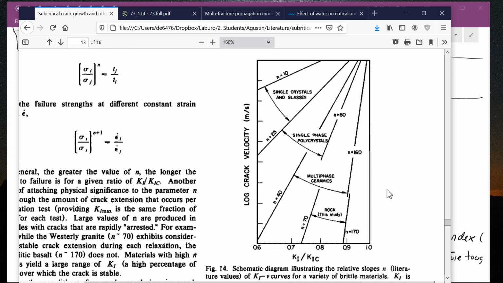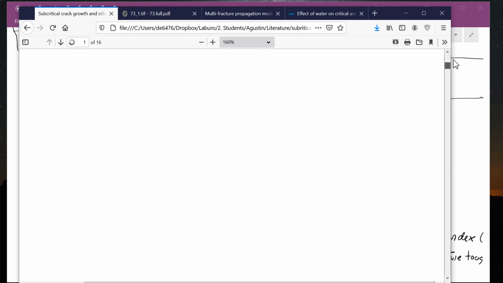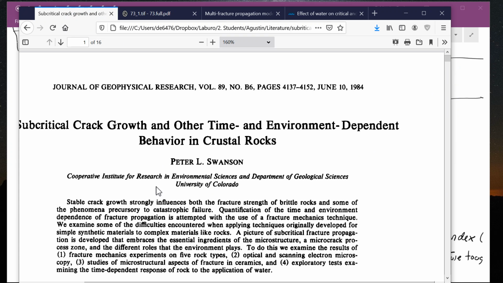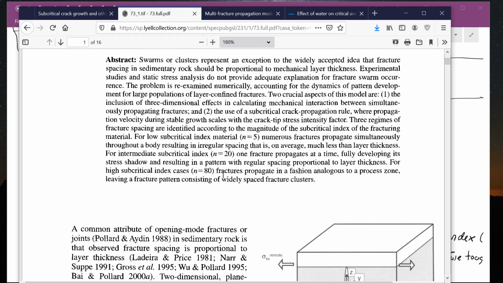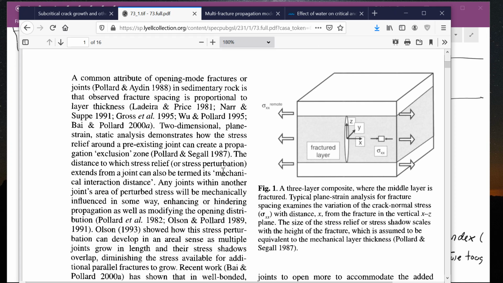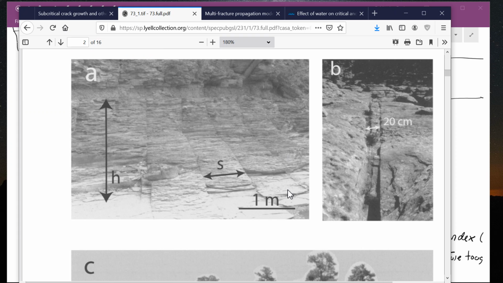By the way, the first one is this paper, and the second one is a paper that discusses the influence of subcritical fracture propagation on patterns of natural fractures in situ. And let me scroll down.